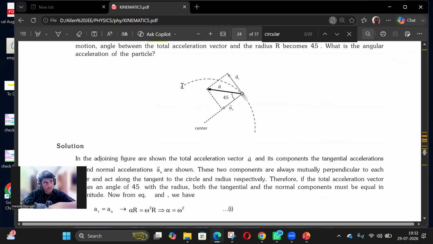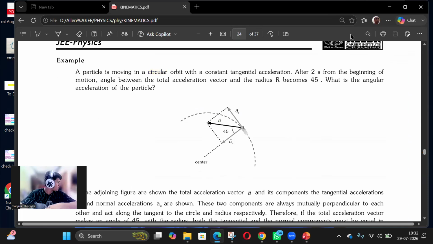Next one: a particle is moving in a circular orbit with constant tangential acceleration.